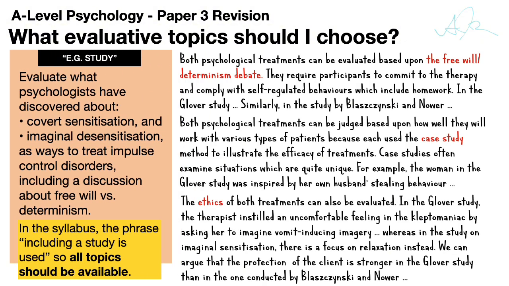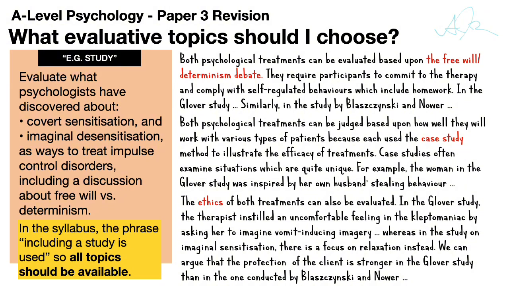So as an example, let's take the middle choice. Let's take the middle difficulty, the EG study. So here I have 3 paragraphs that are not complete because I can't squeeze an entire essay on a slide, and also I'm slightly lazy. So I have 3 paragraphs. The first paragraph is free will determinism, and that's because that's the named issue and I want to get it done.